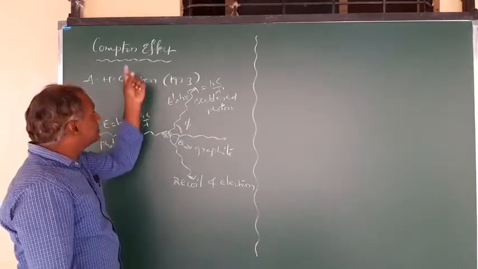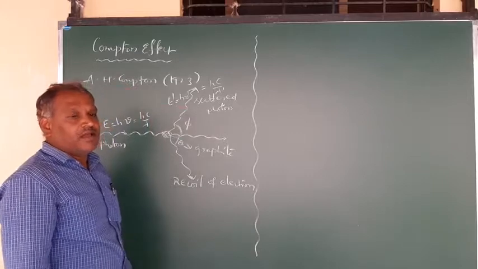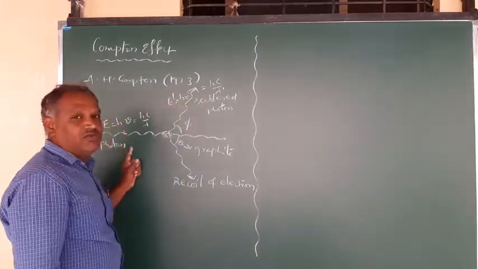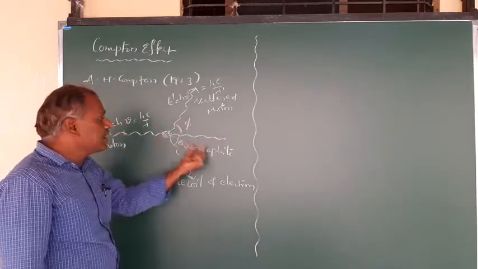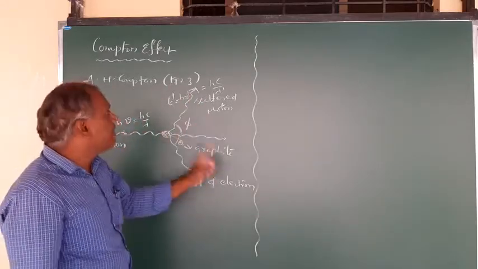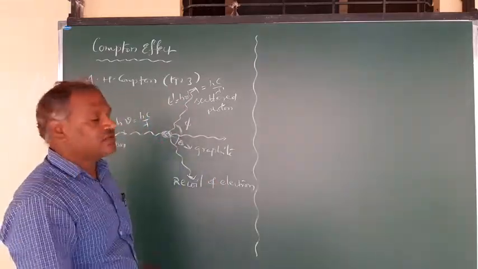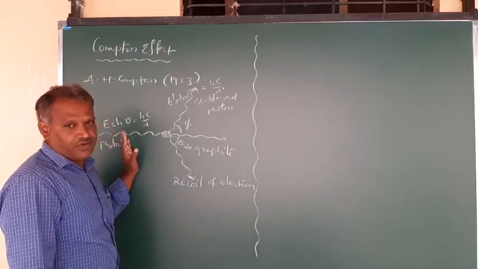So the Compton effect is nothing but the scattered photon having a wavelength greater than that of the incident photon. When the incident photon interacts with any matter, after scattering, the scattered photon has a greater wavelength compared with the incident photon. Right?